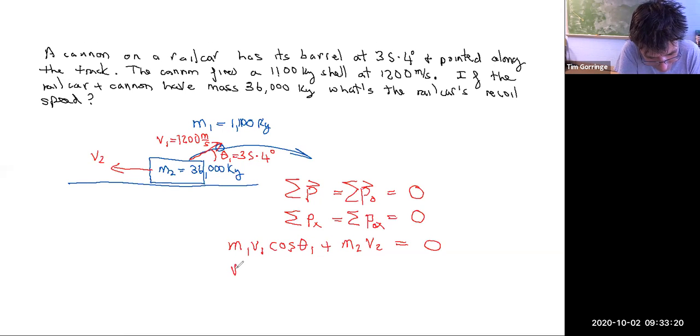I'm going to move the term involving the recoil velocity onto the opposite side of the equal sign from the term involving the shell's velocity. And then I'm going to divide through by the mass of the rail car. And that will give me an equation that is the following one.